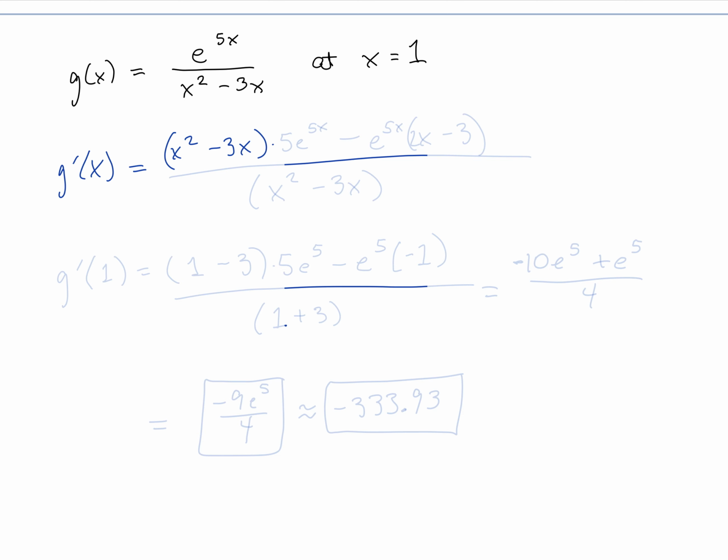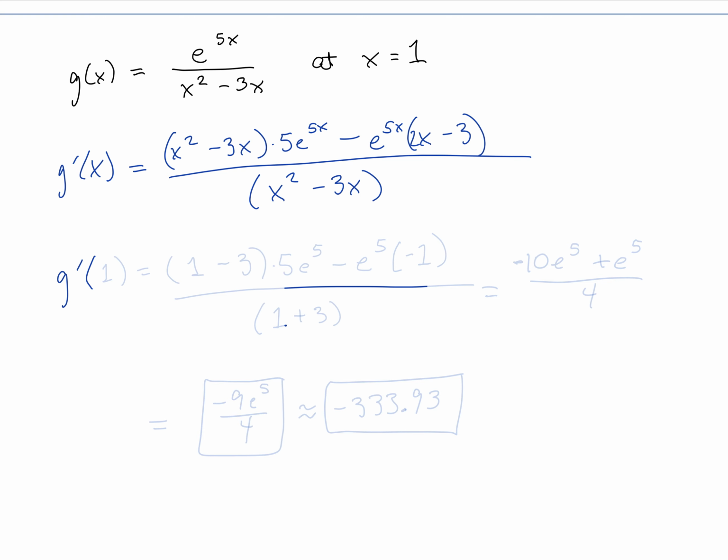So times 5e to the 5x, minus high d low, e to the 5x times the derivative of the bottom, 2x minus 3 is the derivative of the bottom, all divided by x squared minus 3x squared. So we could do some simplifying if we wish for g prime of x, or we can just leave it as it is and just plug in x equals 1.